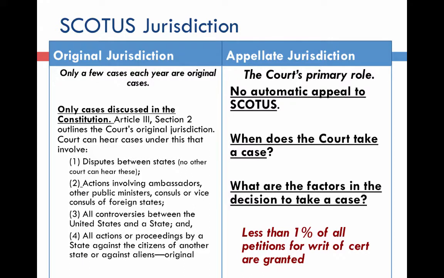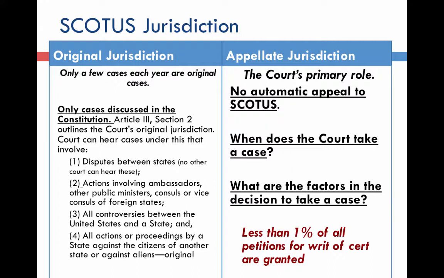And less than 1% of all petitions for writ of cert are granted. So they get thousands of petitions each year, and most of them are denied. What you need to show typically to have the Supreme Court take your case is that there's an important national controversy about a legal interpretation where there are differences in how courts are treating it.